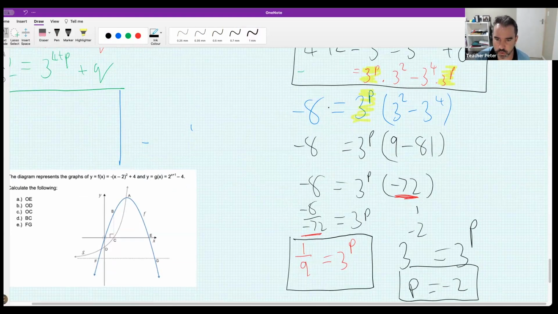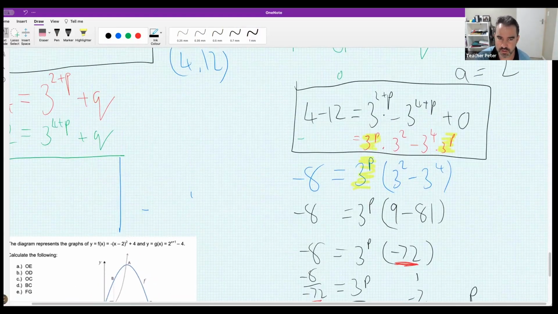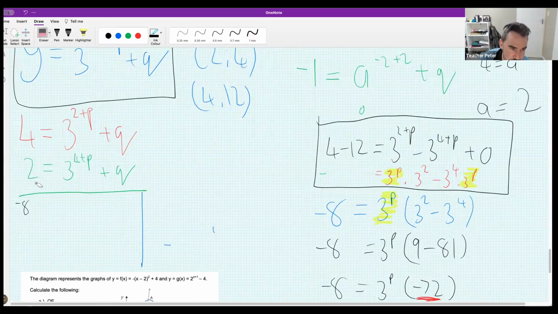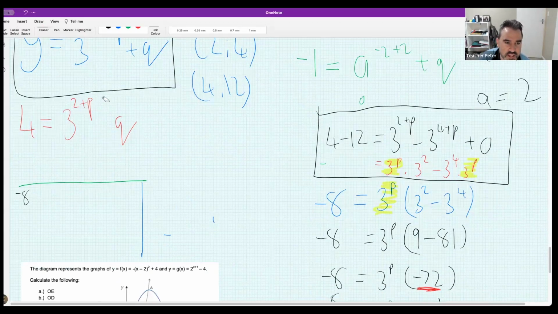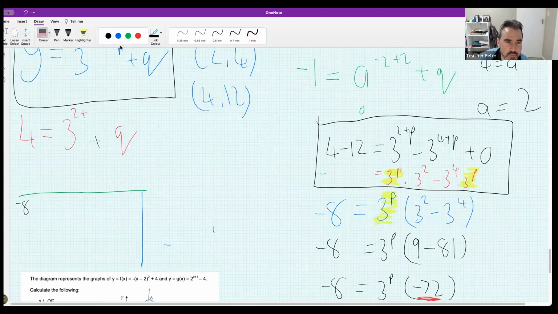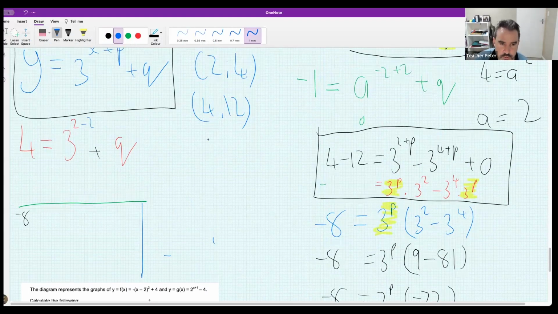Oh my goodness, look how much work we have to do for that. Now, the good news is, because we know p is minus 2, we can go back to the original one here, where we had the relationship. And I'm just going to use one of them. If p is minus 2, what is q going to be in this question? Because you found that p was minus 2.